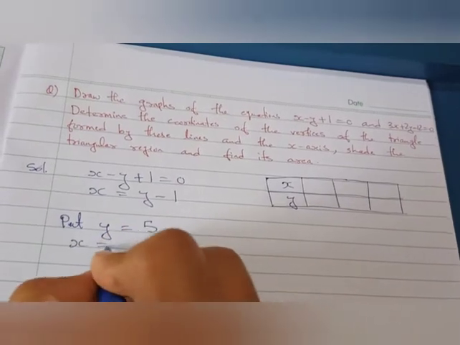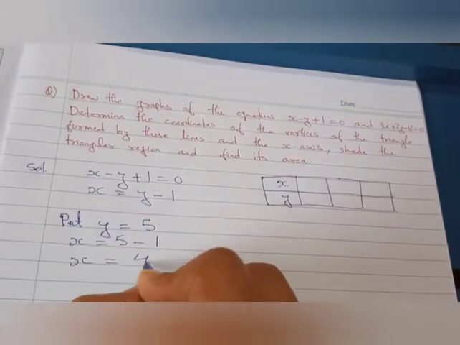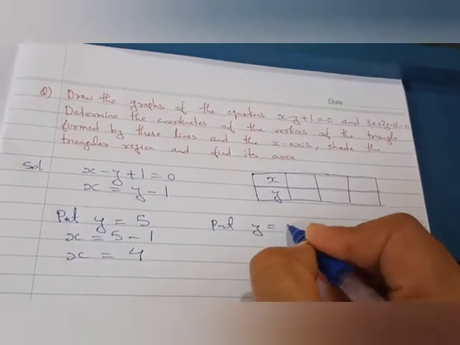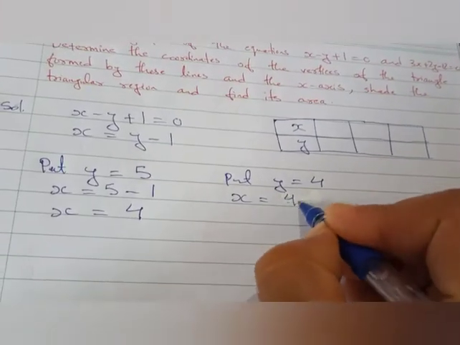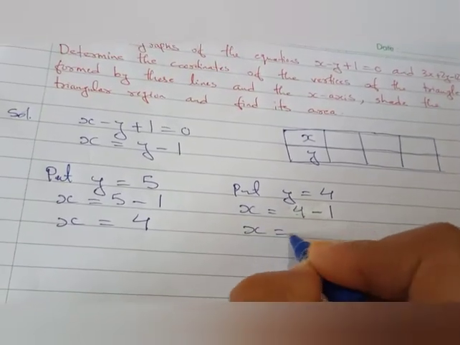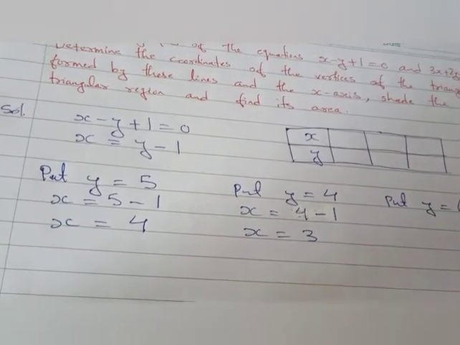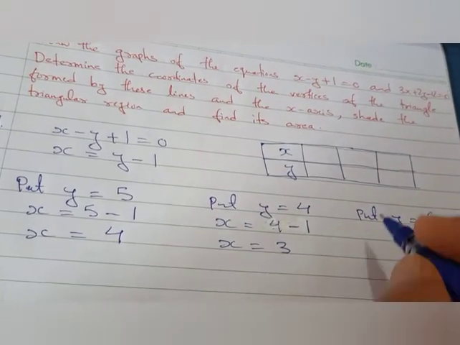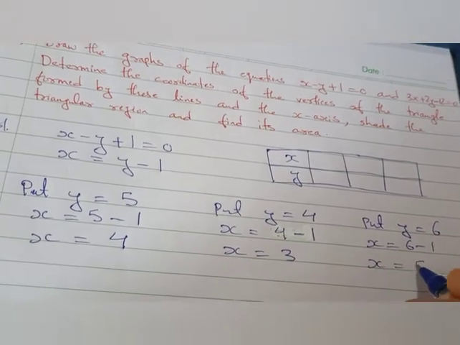So we'll get x equals to 5 minus 1. So the value of x will be 4. Next, let's put y equals to 4. So we'll get x equals to 4 minus 1, so x equals to 3. Let's put y equals to 6. We absolutely have our own choices in terms of putting the values of y. x equals to 6 minus 1 will give us x equals to 5.